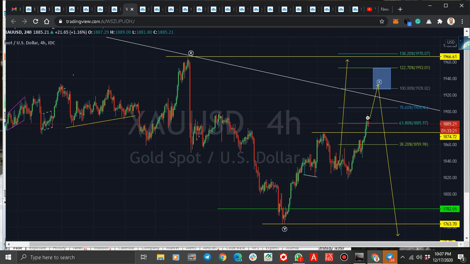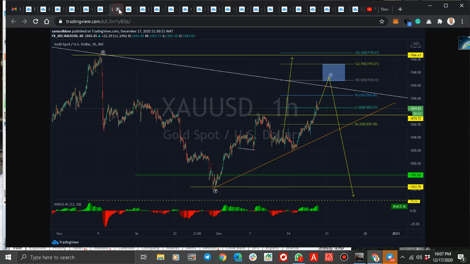So what I'm saying is, if I see a correction here, I will enter buy, then close it around here, then I will look for a sell setup and enter sell, because I'm expecting another sell before we begin the real bullish move. So that's all for gold.